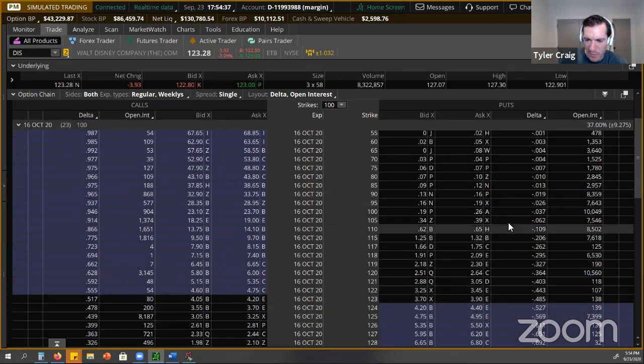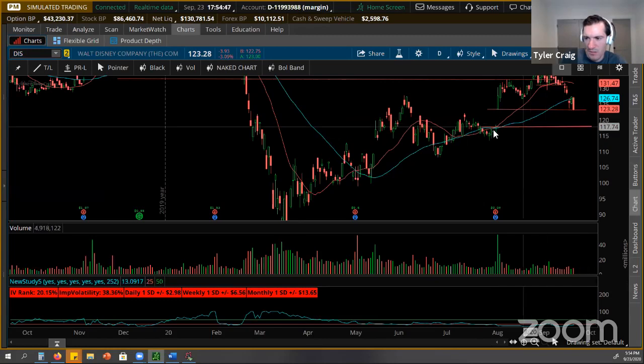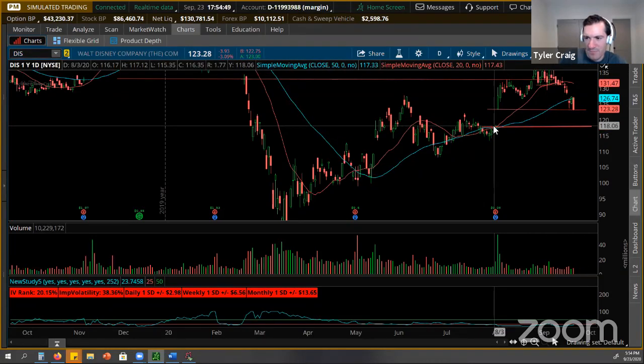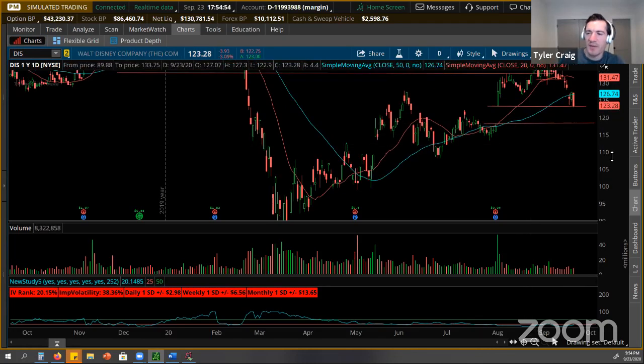If I go sell a put down at 118, get 200 bucks. If you're assigned, you're long the stock at 116. It's not that great, actually. Disney is not as potent an example of getting paid a lot selling out of the money puts.